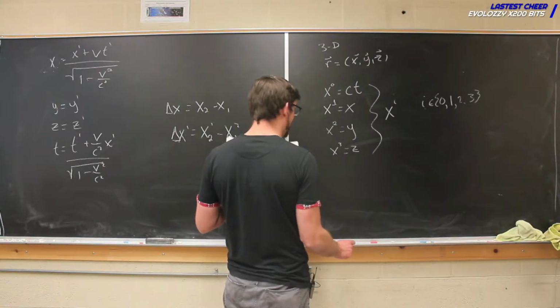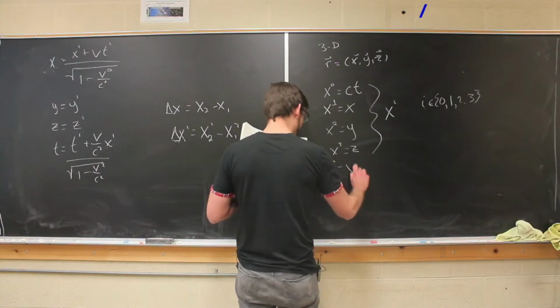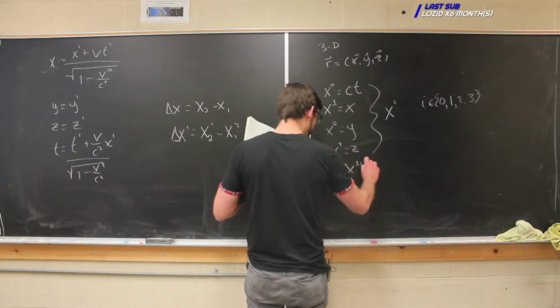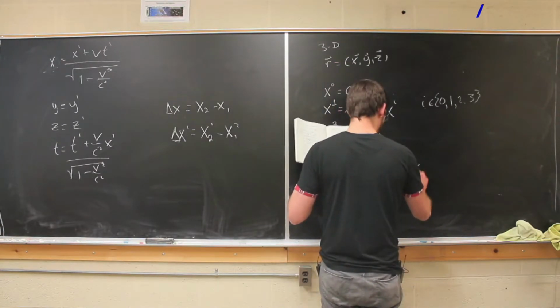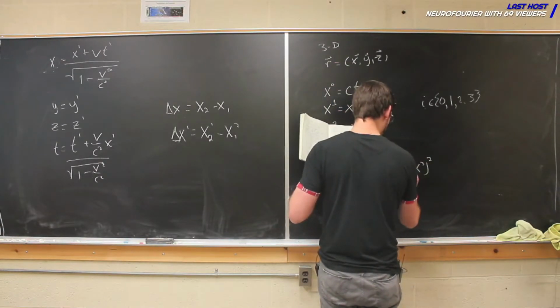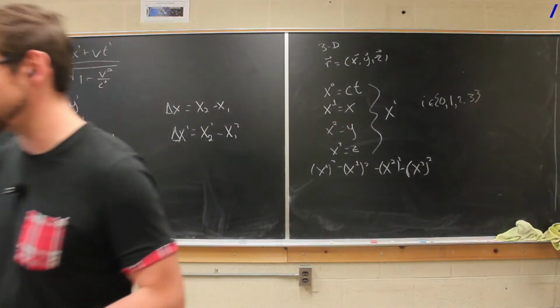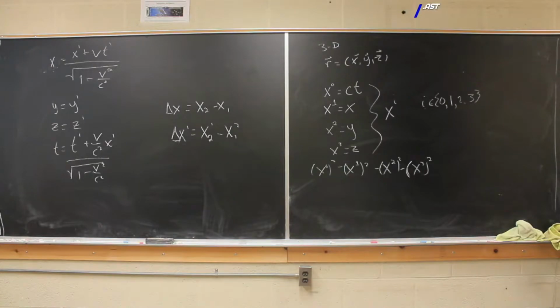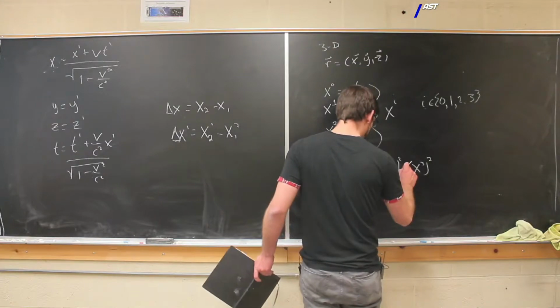Then we can rewrite our length equation as the following: x0 squared minus x1 squared minus x2 squared minus x3 squared. This looks like the length we've been dealing with all along, and that is true. This is the length of an interval in our space, specifically its radial length.